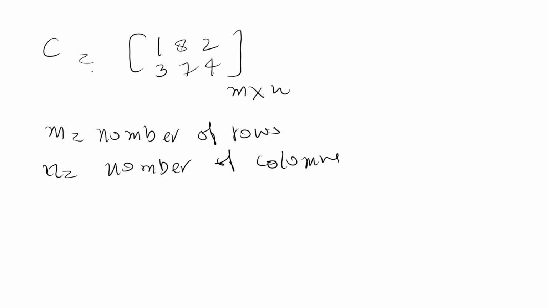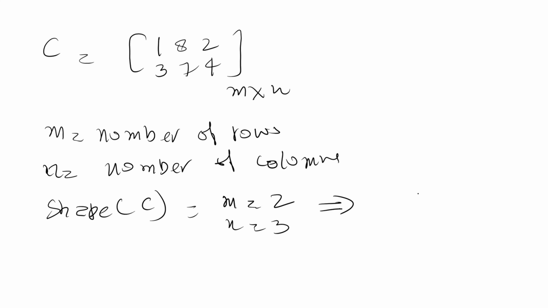In the case of matrix C, it has 2 rows, M being 2, and N, which is the number of columns, being 3. So the shape of this matrix C is 2 cross 3. So this is how you can represent the shape of a matrix.